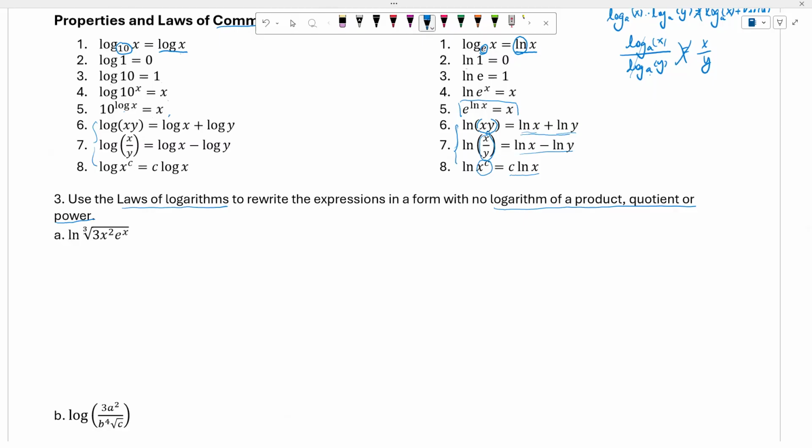So for this one, what I could do first is rewrite this into natural log of 3x squared e to the x raised to the power of 1 over 3, because this is a cube root of 3x squared e to the x. Then we could use property number 8 to rewrite this into 1/3 natural log of 3x squared e to the x.